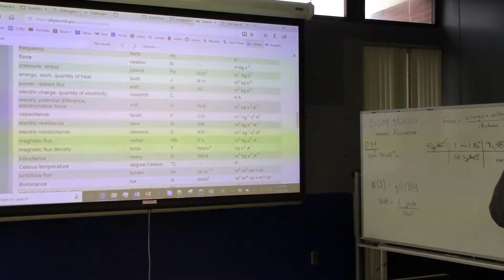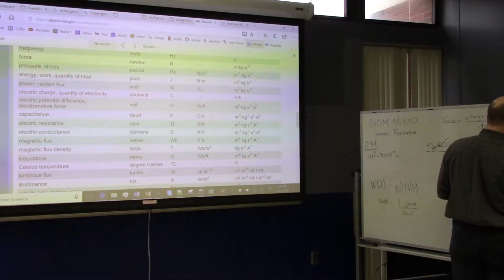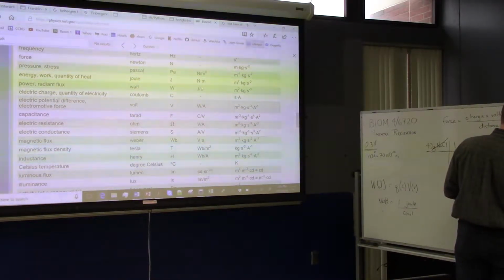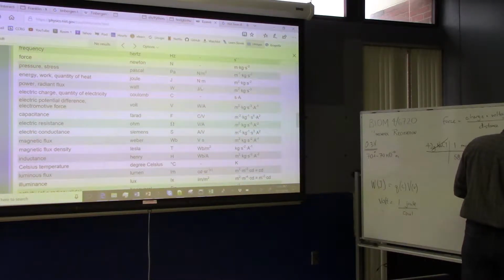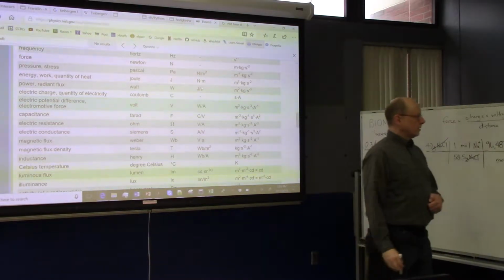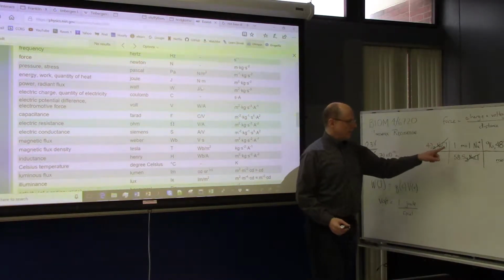And then we have a distance. And this is going to be a Newton meter. It's joule. And then we have this distance, which is 70 times 10 to the minus 10 meters. And that is going to cancel that. So that should give us an answer in newtons when we multiply all these out.